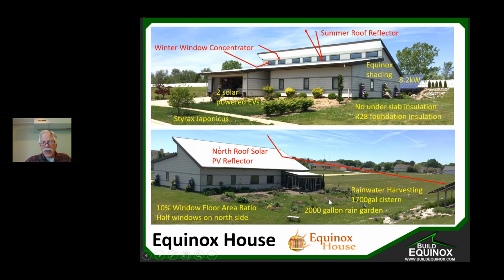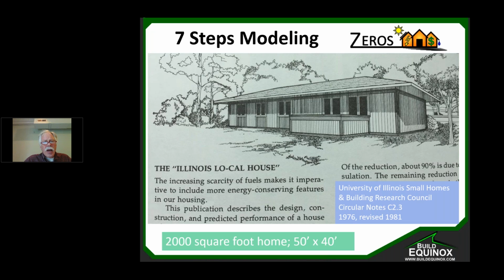And then a rain garden in this area takes overflow from the cistern and is a feature that helps not overload storm sewer systems within urban areas. What I'm going to be telling you about as far as features in a home is not new. Since the mid-70s, in our case at the University of Illinois, the Lo-Cal House, that was the beginning of the super insulation movement.